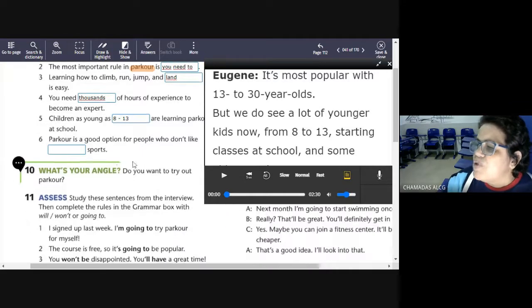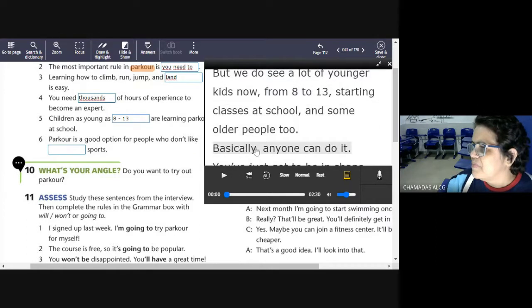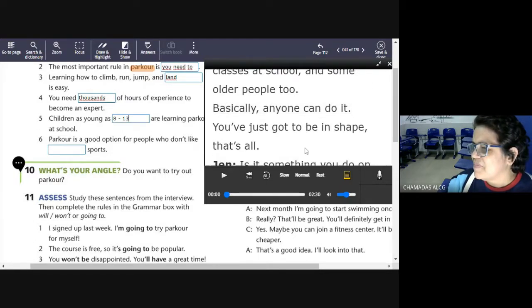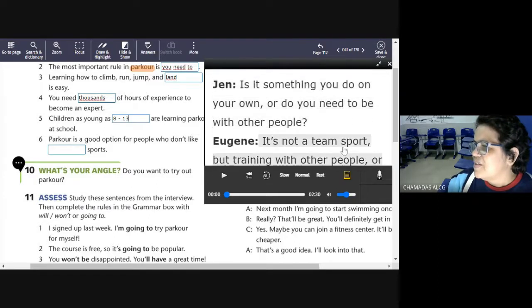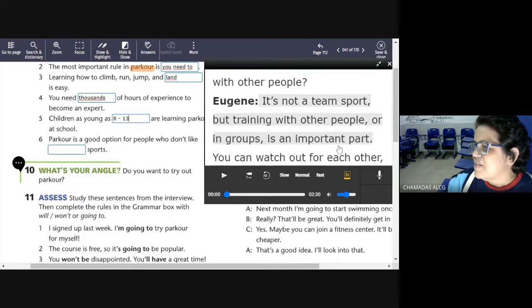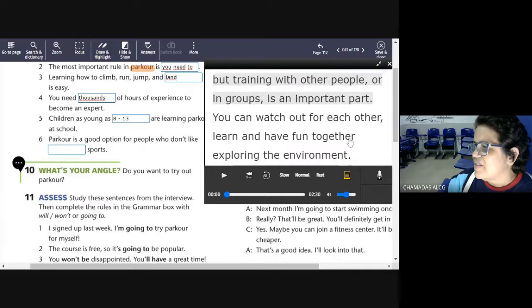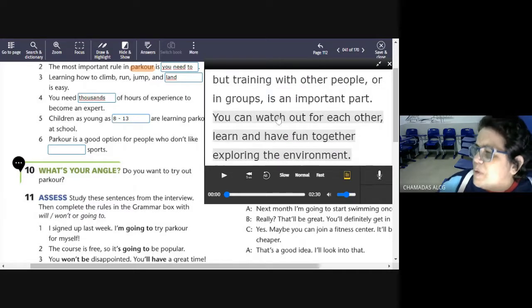And the last one, parkour is a good option for people who don't like... so here they say that people who don't like being in a group, right?